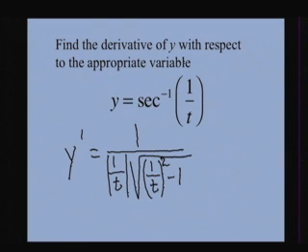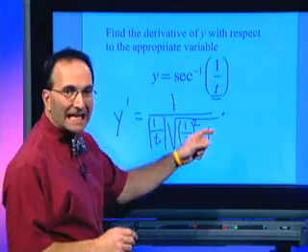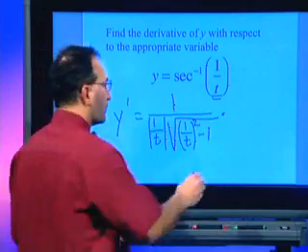But then we have to apply the chain rule. So that's going to be times negative 1 over t squared.